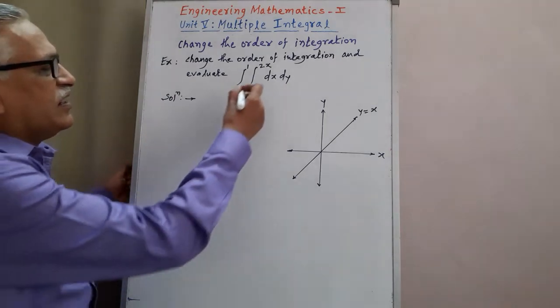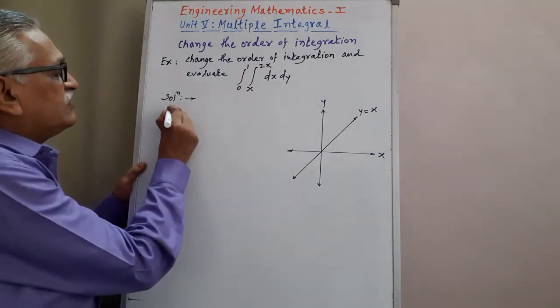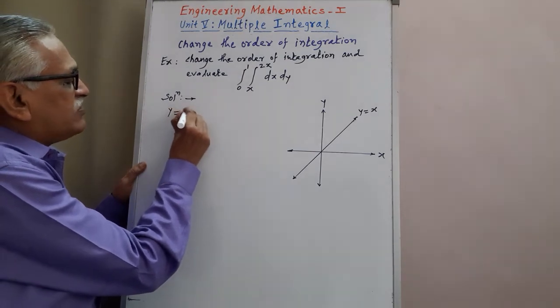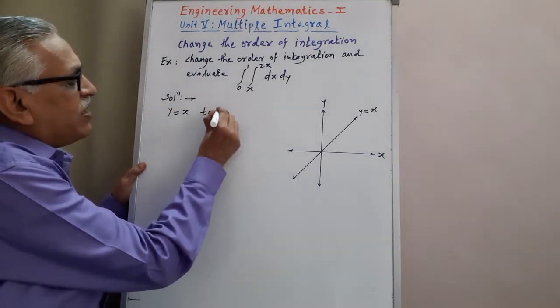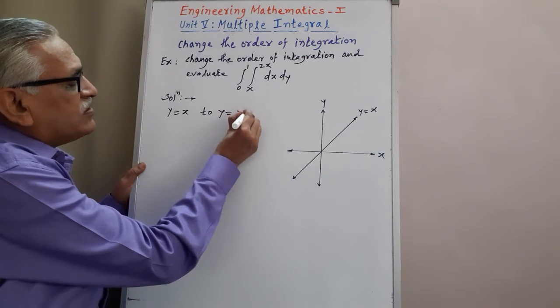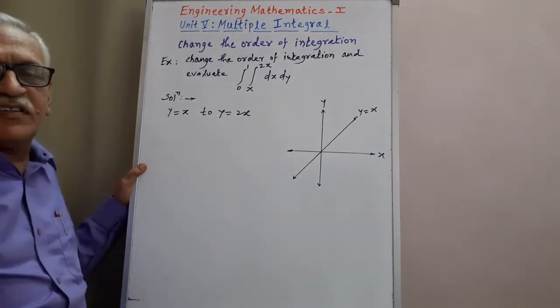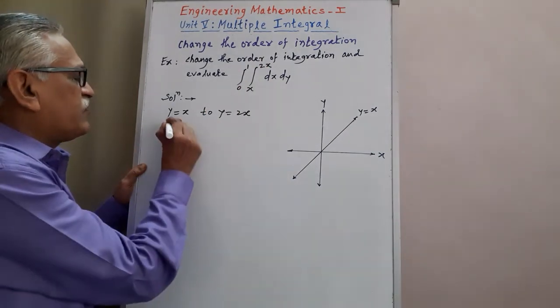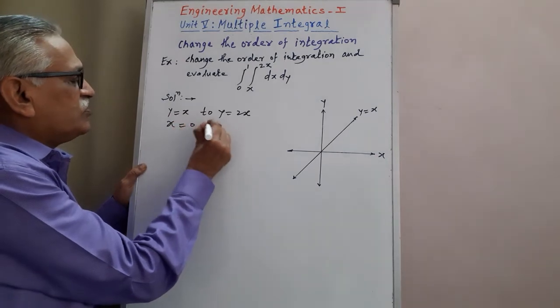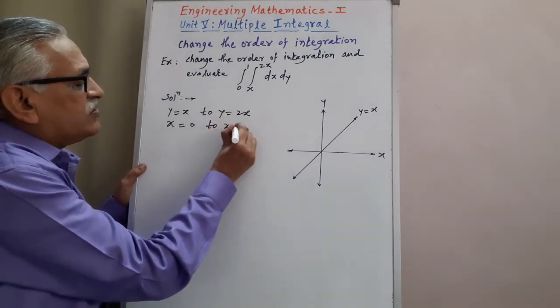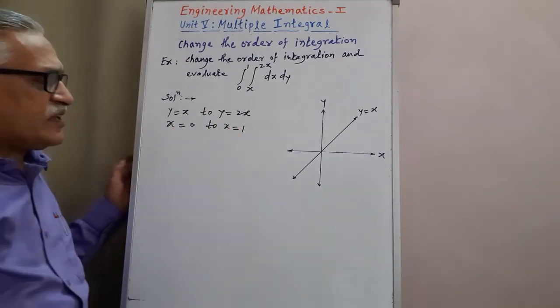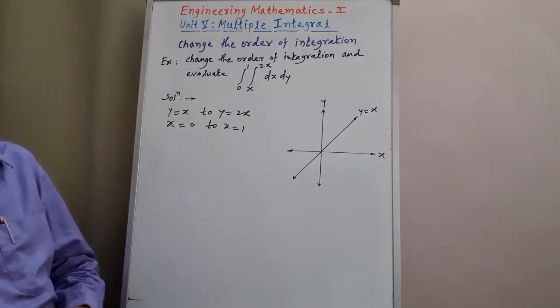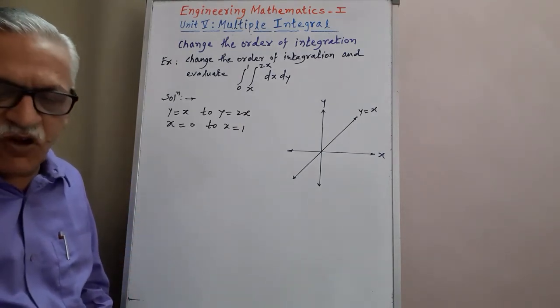Here, the inner limits are for y equal to x to y equal to 2x, and then whatever the result is then integrated between x equal to 0 to x equal to 1.